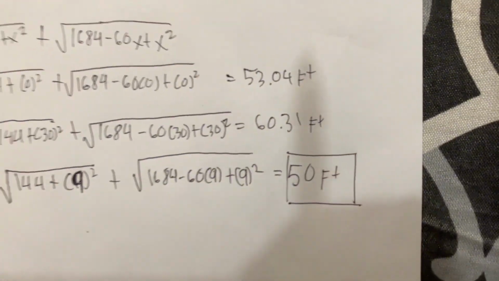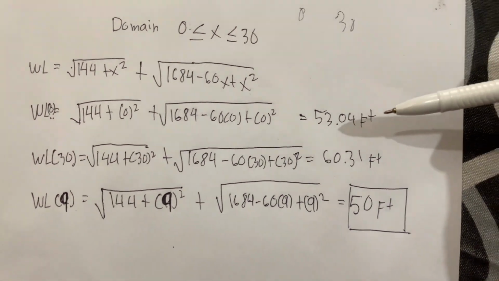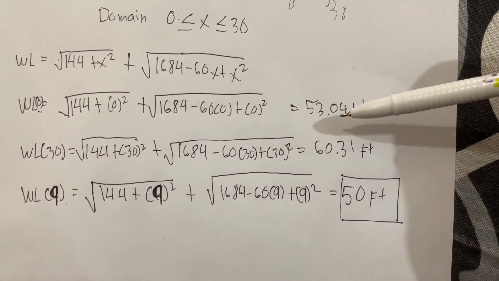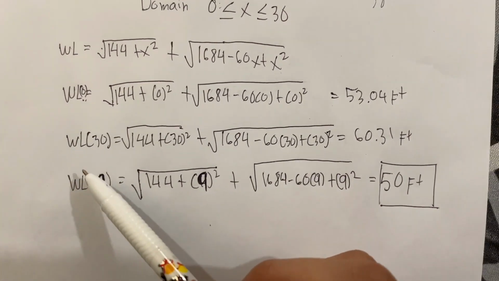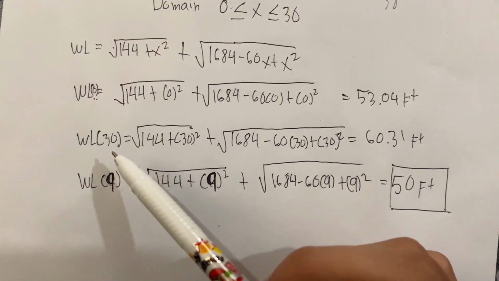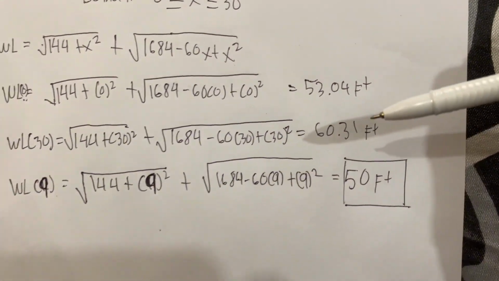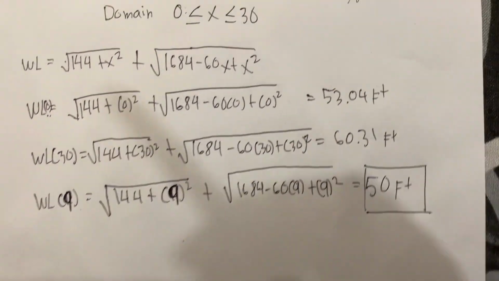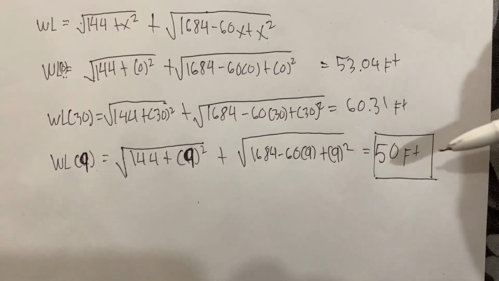Now, we can see here that if our x is 0, we are going to have a total wire length of 53.04 feet, and if we assume that our x is 30, we're going to have a wire length of 60.31. And then if we assume it is 9, we're going to have 50 feet.